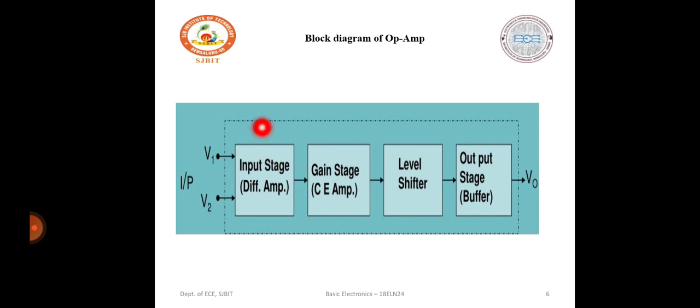The differential amplifier has a high input impedance. The overall gain requirement of the op-amp is very high, and the differential amplifier stage cannot provide this gain. As a result, we have a high gain amplifier, that is the gain stage, whose main function is to provide the additional gain required.